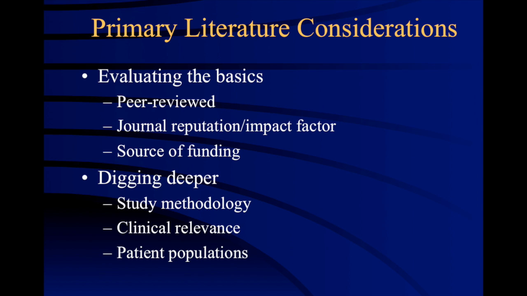We can also dig deeper when specifically reading original studies. We can look at the methodology, the clinical relevance, and patient populations. You will be learning more about the appropriate way to read primary literature in your literature evaluation section, which is coming up later this semester.